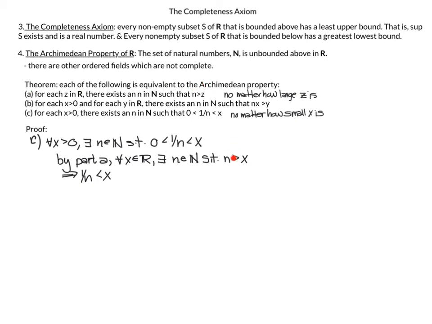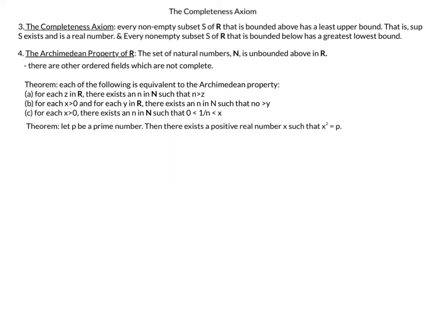So again, just from part A, I can take the reciprocal of each side and I will get that 1 over n is less than x. And when I take the reciprocal, I have to flip the sign, and that's how I get part C.